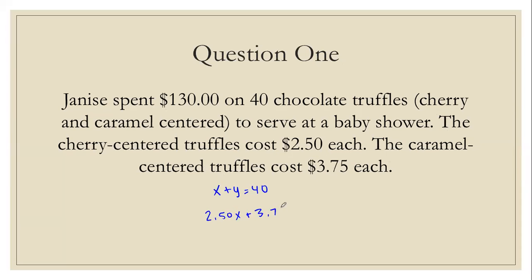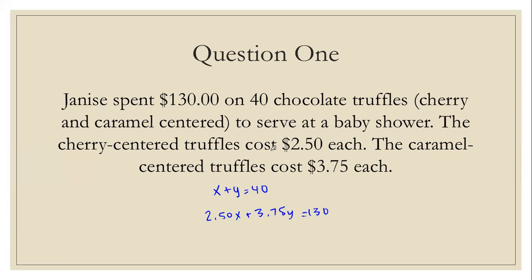My question is, do y'all understand why that's the equation? Okay, all right. So stop talking so I can explain it to everybody. Jamie spent $130 on 40 chocolate truffles. So she had 40 chocolate truffles in total. Some were cherry, some were caramel. Therefore, x plus y equals 40 because she had 40 truffles in total.